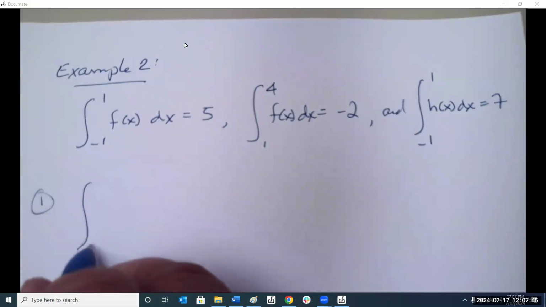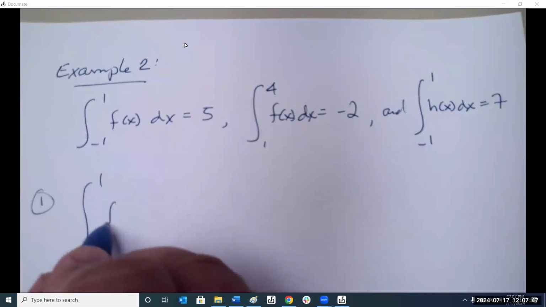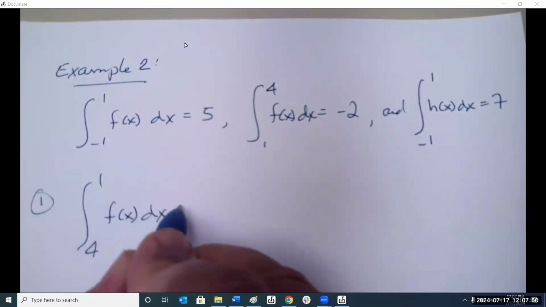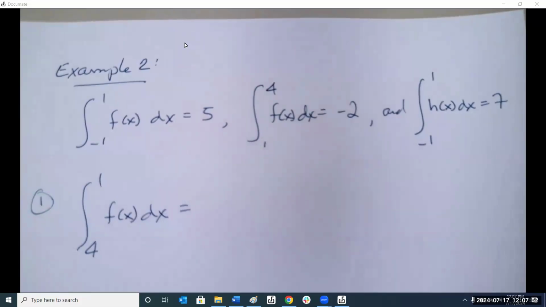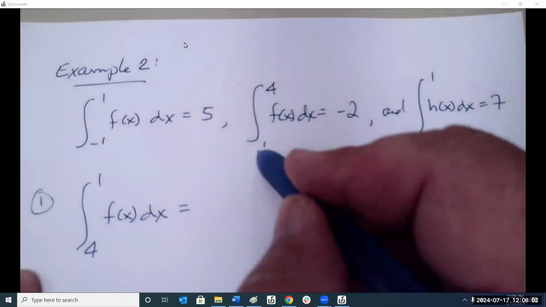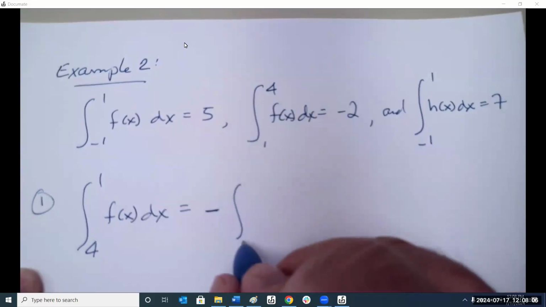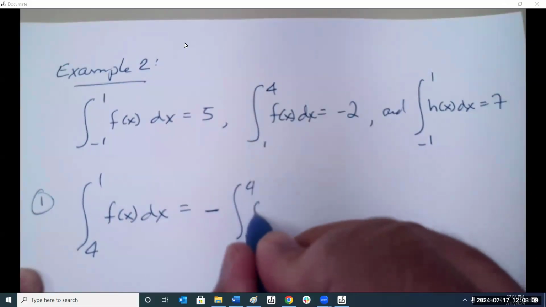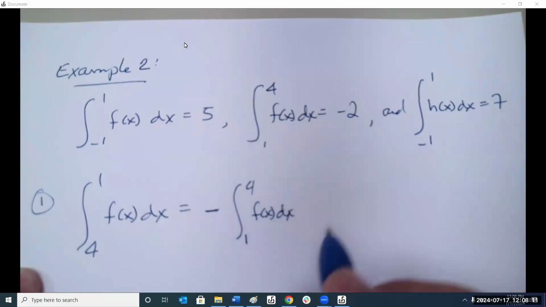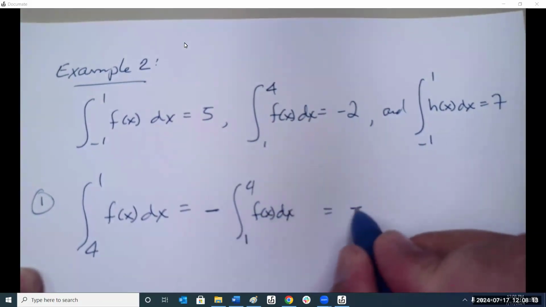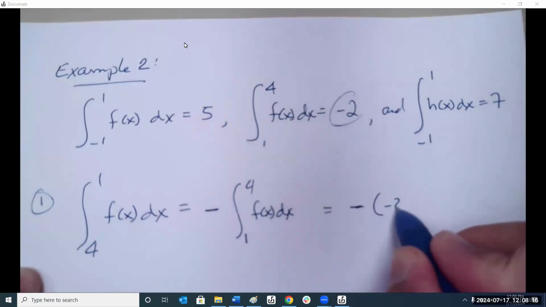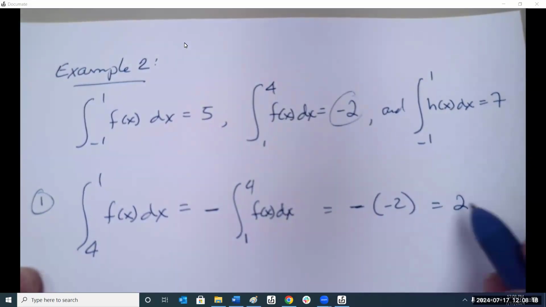Then the integral from 4 to 1 of f of x dx would equal what? 2. Yes, because since this is 1 to 4, this is 4 to 1, it's going to be the negative of the integral from 1 to 4. And that's the negative of negative 2, which makes it positive 2.